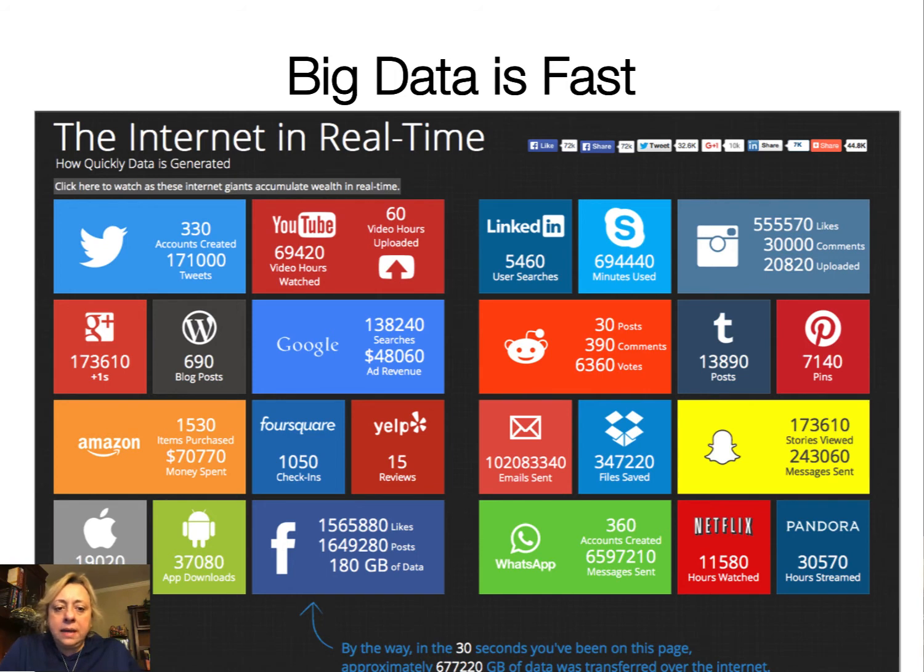Okay, so big data is fast. The internet now is real time, you are streaming, and you can see all the social media that pops up, and a lot of apps have started to generate a lot of data. So we are continuously producing data in real time, instantly. Wherever you go, if your cell phone is in your pocket, your geolocation is recorded.